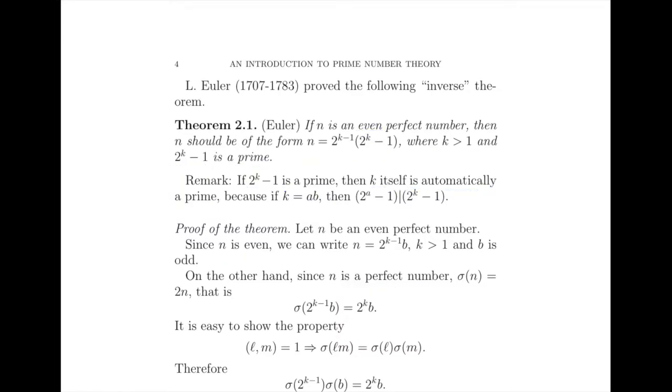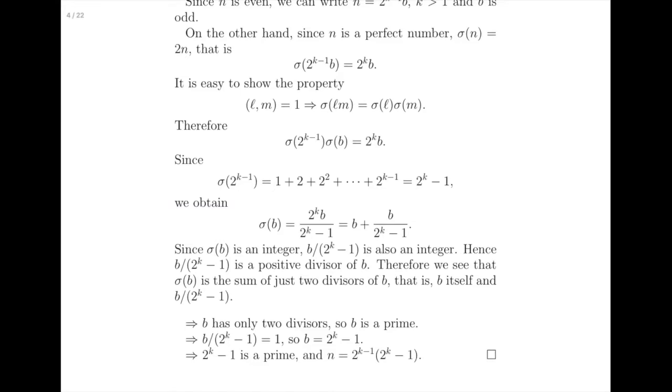So now, next, it is easy to show this property. The function sigma has the following property: if L and M are coprime, then sigma of LM is equal to sigma L times sigma M. This is not difficult to prove, and it is included in the exercise associated with this lecture.